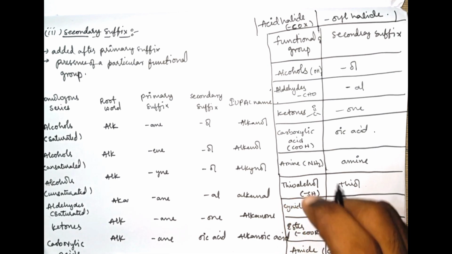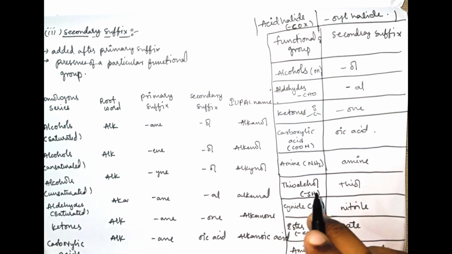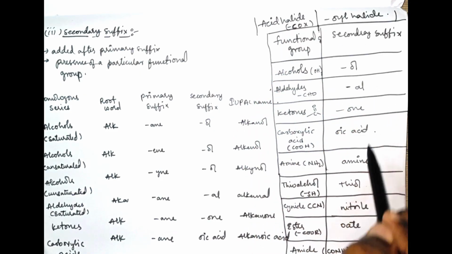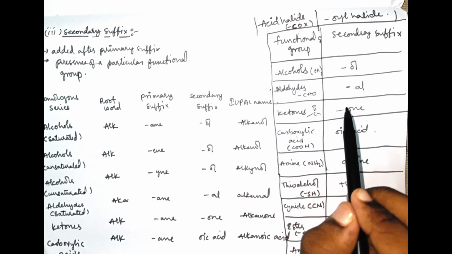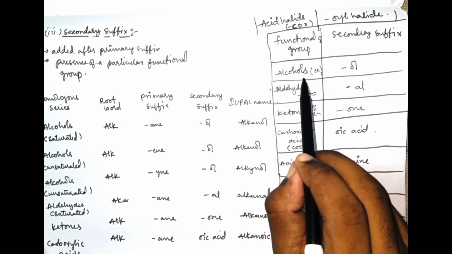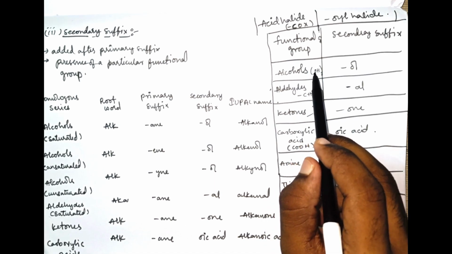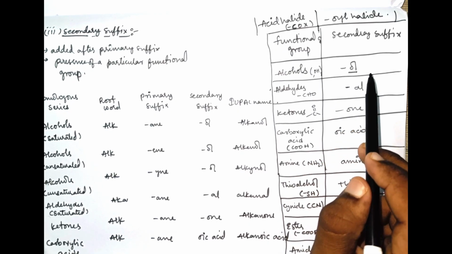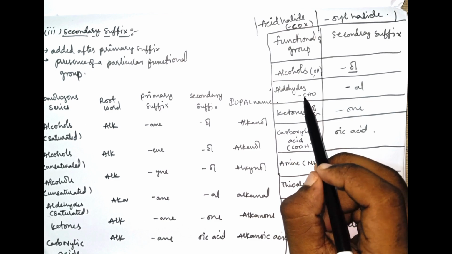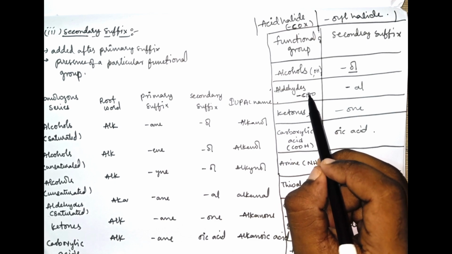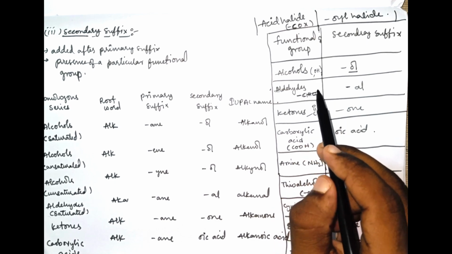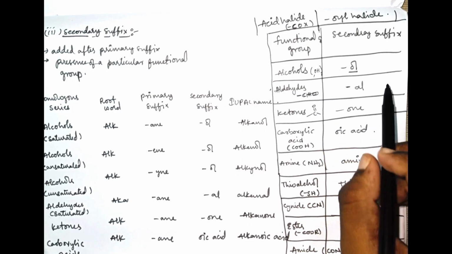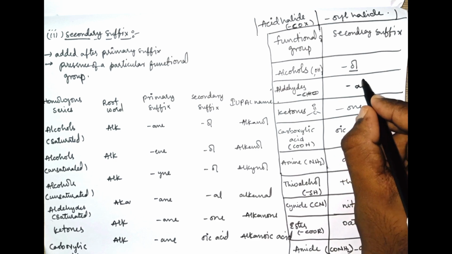This is the table which I actually wanted to show you, and these are all the functional groups and these are the secondary suffixes. Now we'll be discussing over here. For alcohol, it is represented by OH and its secondary suffix becomes -ol. Aldehydes are represented by CHO, and the secondary suffix is denoted by -al.